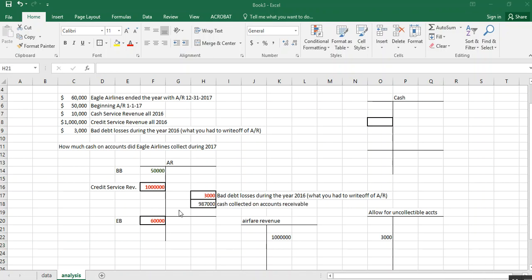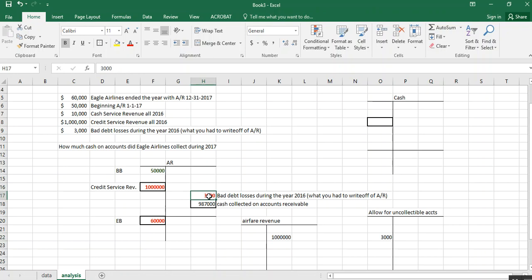Okay, let's get back. Hopefully you were able to calculate correctly. Again, we had the beginning balance in accounts receivable of 50, ending of 60, credit service revenue of $1 million. This would be, hey, let's book some revenue, hopeful we'll collect it in the next 30 days. That's what the whole thing of credit service revenue is.